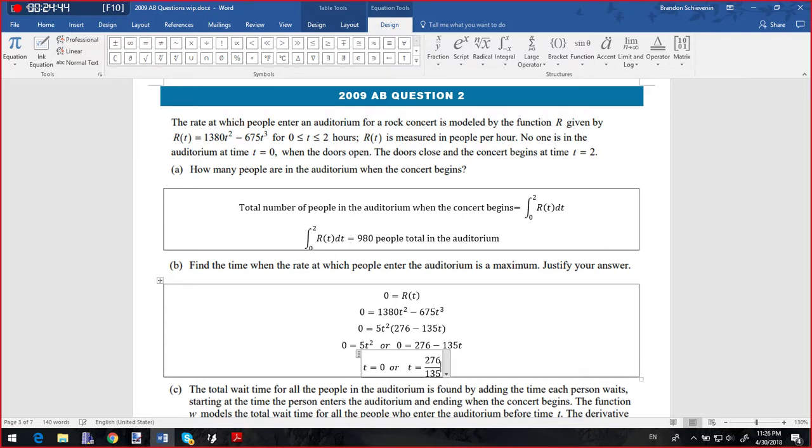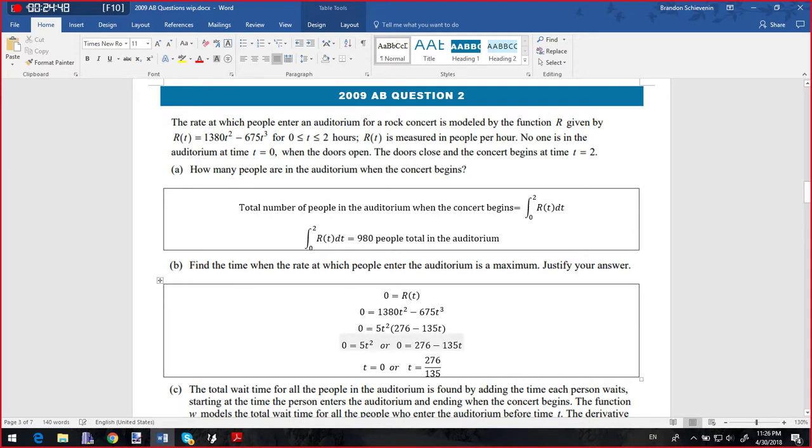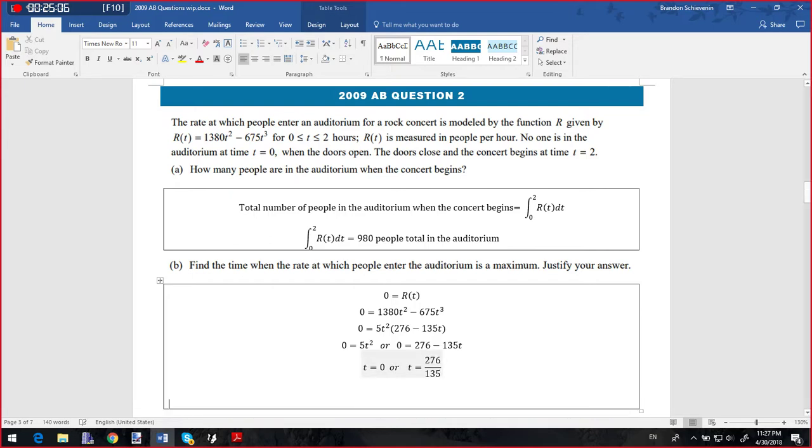Assuming that my maximum is not 0, because we had no people in the auditorium in the beginning, I'm going to derive this equation to take my second derivative and then plug in this point. If that second derivative is positive, that means this is a minimum. If that second derivative is negative, then we have a maximum.